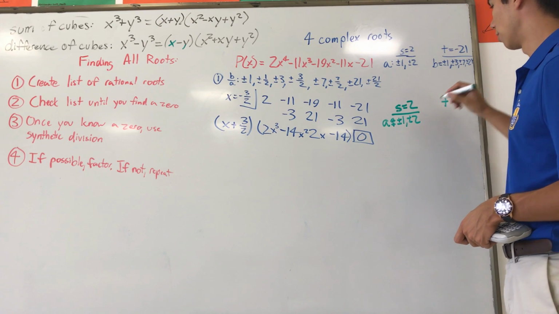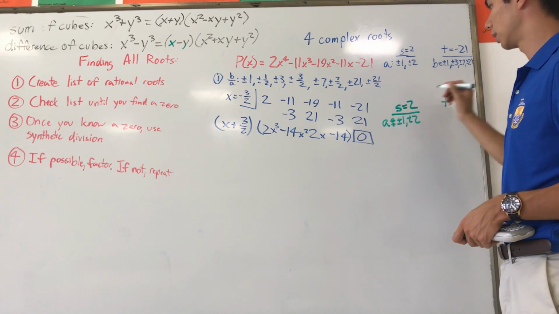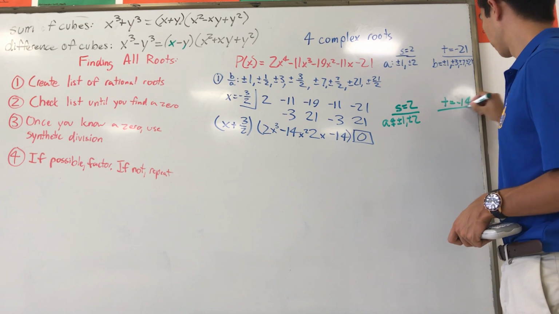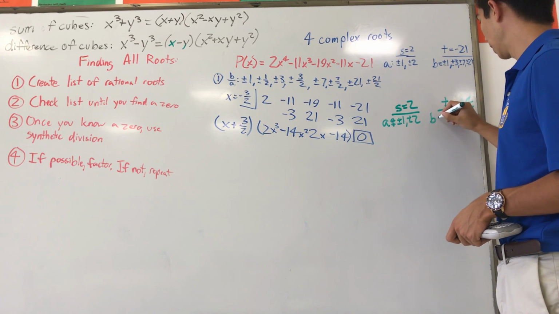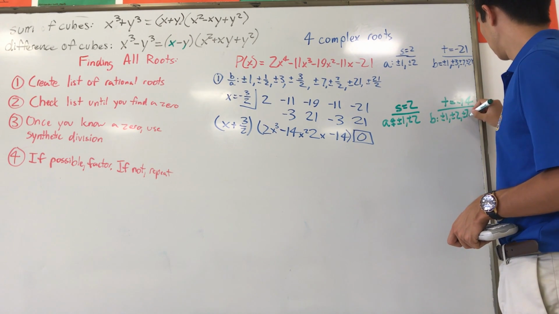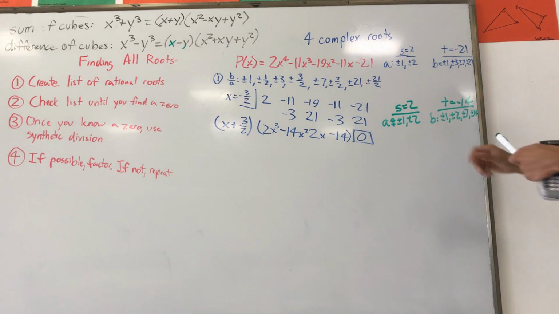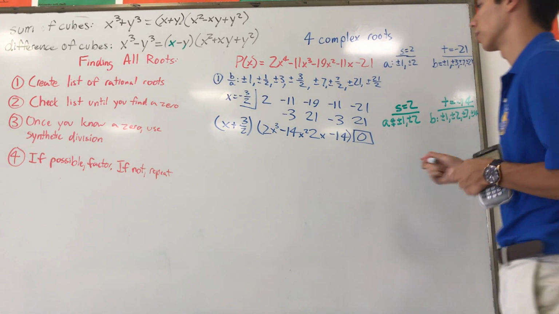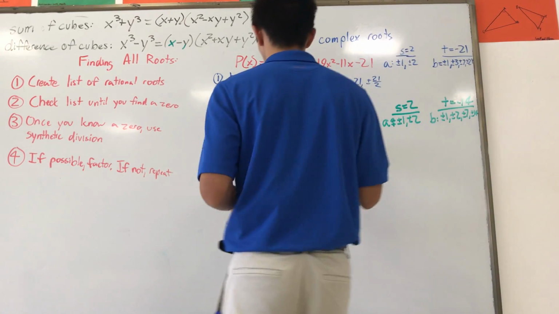My t is now negative 14, which means that my b values are either plus or minus 1, plus or minus 2, plus or minus 7, plus or minus 14. Actually, this 14 will not be, well, we'll just see what happens.